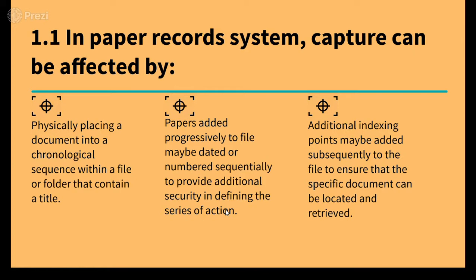Second, papers added progressively to a file may be dated or numbered sequentially to provide additional security in defining the series of actions. The third one, additional indexing points may be added subsequently to the file to ensure that the specific document can be located and retrieved.